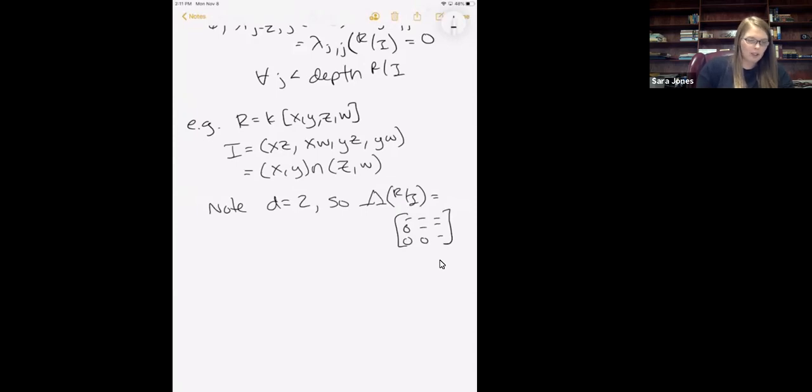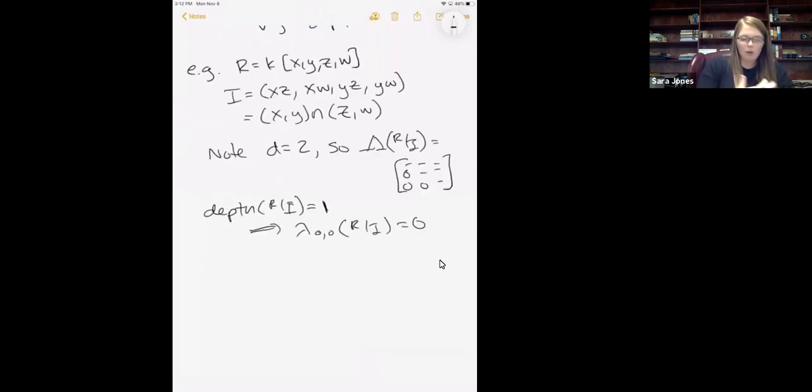So we'll use some of our properties to do that. First, our depth property tells us that, since the depth here is 1, it doesn't give us a lot of Lyubeznik numbers, but it does at least tell us that the lowest Lyubeznik number is 0. So that gives us one of the Lyubeznik numbers we need to fill out this table.